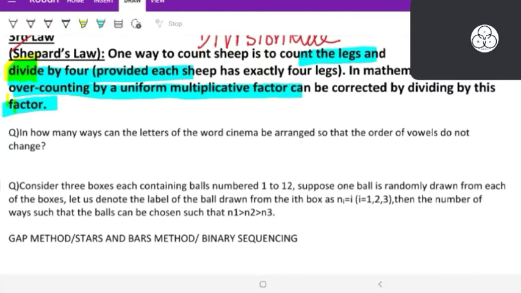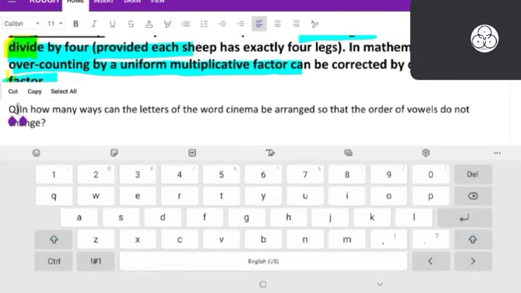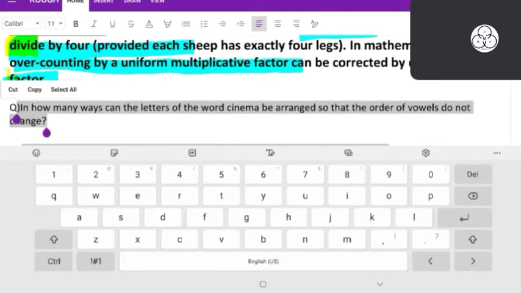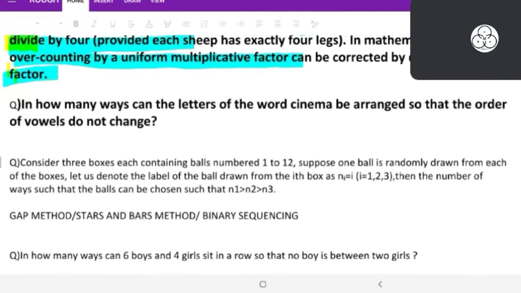In how many ways can the letters of the word CINEMA be arranged so that the order of vowels does not change? What are the vowels here?